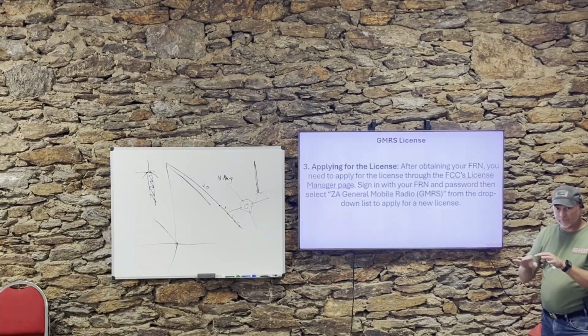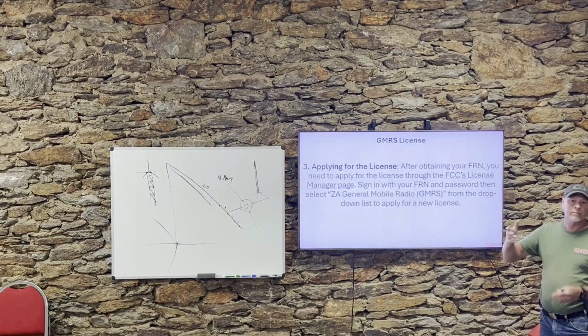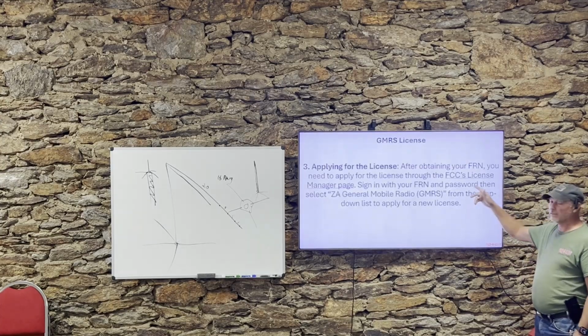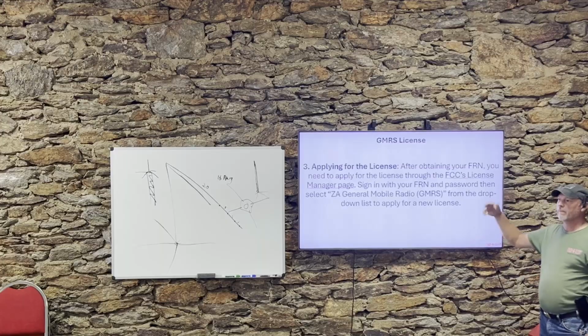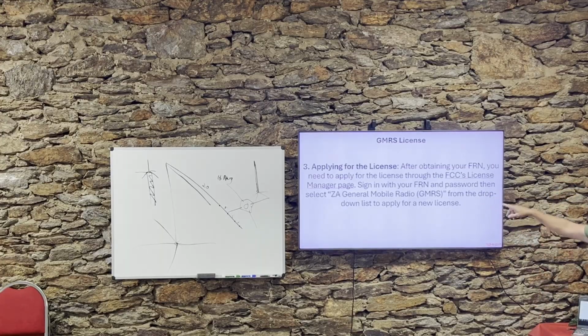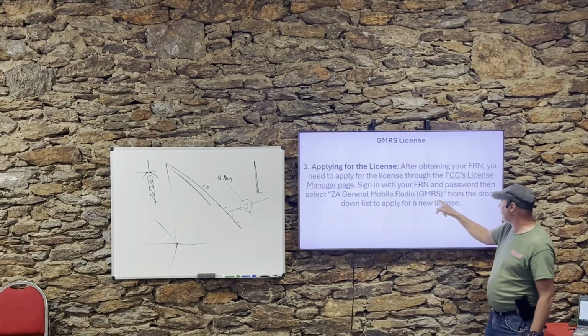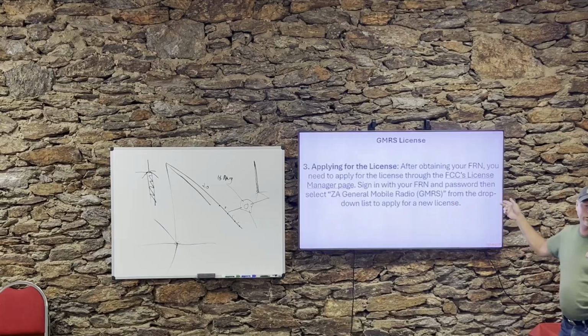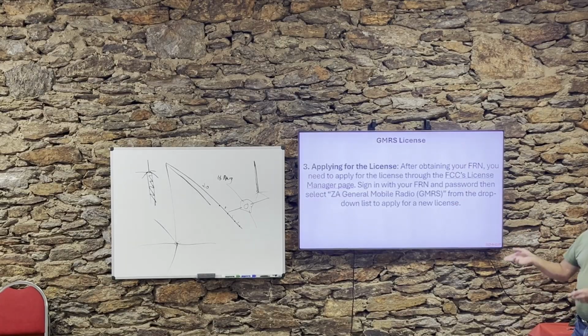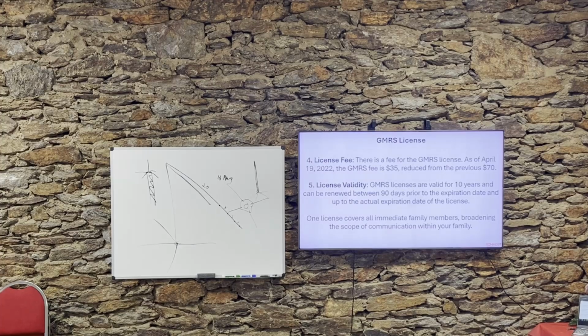You'll get an email with a big long number like this. But to get your GMRS, they want you to pay them $30. You supply that FRN number, then go to this website and select ZA General Mobile Radio Services from the drop down, and here you can apply. Pay them your $30, wait a little bit, and you'll get an email with your call sign. Okay, makes sense? All right.